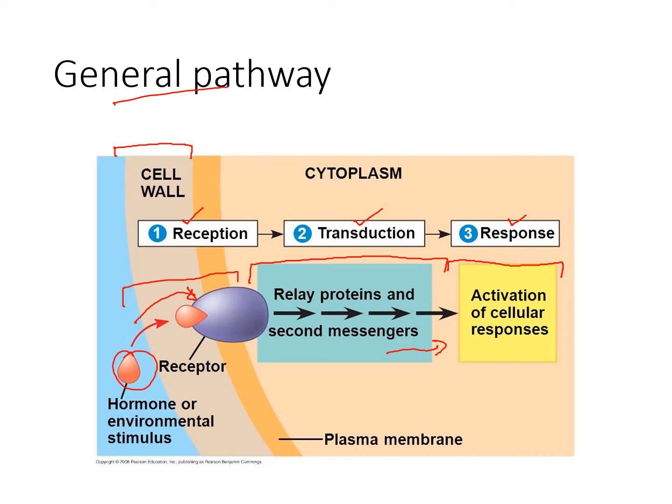And then the receptor is the one who actually tells the transducer to give a second message. They convert the message into a message that can be understood by the effector component inside the cell.